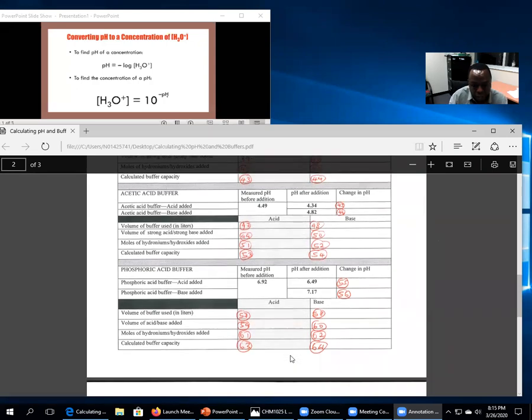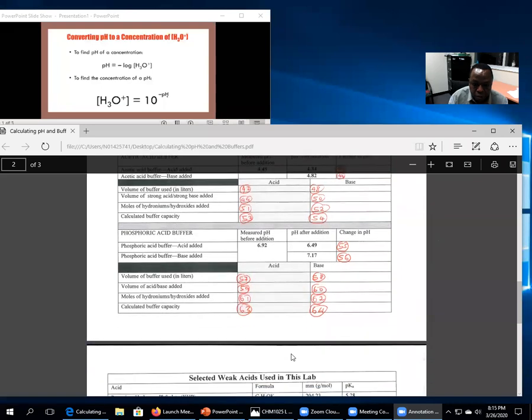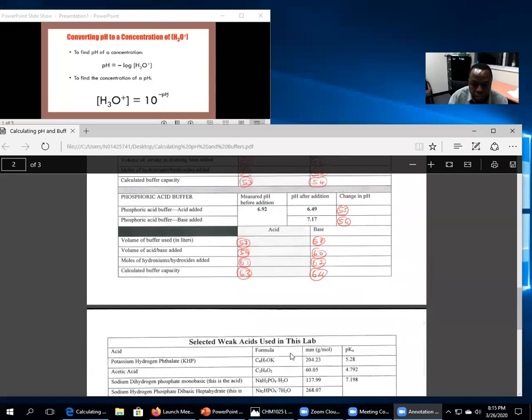And then you determine the buffer capacity of your phosphoric acid. It's the same thing right here too. All you have to do is read the procedure. Calculating buffer capacity, most of it is repeating over and over again.